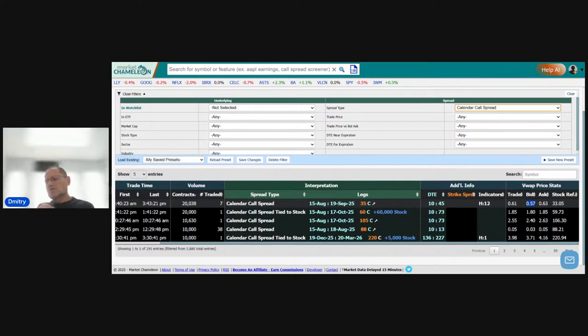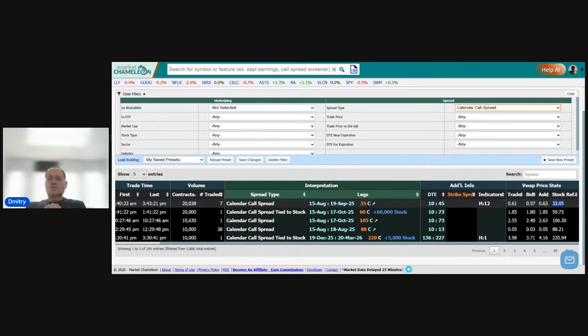So this tells us that it's trading basically around midpoint, a little bit higher than midpoint, but there's liquidity certainly in this spread, because we could see that it's trading in between the markets, almost at midpoint. The stock reference price VWAP was 33.05.